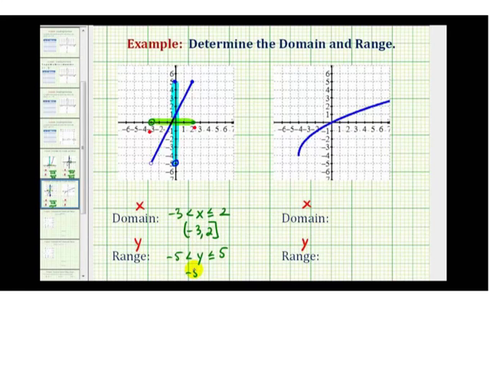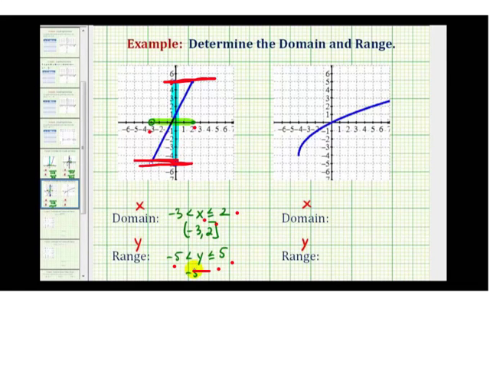So we would have to say the domain is x is greater than -3, but less than or equal to +2. Then the range, we can see that it goes from 5 at the top to -5 here at the bottom. So for range, we do the very same thing, except we put y in the middle, and y is greater than -5, but is less than or equal to +5.